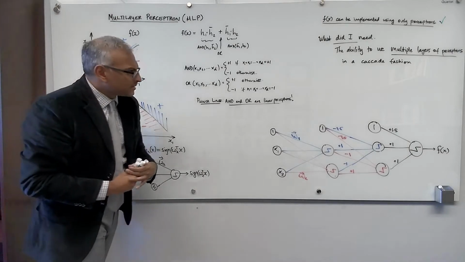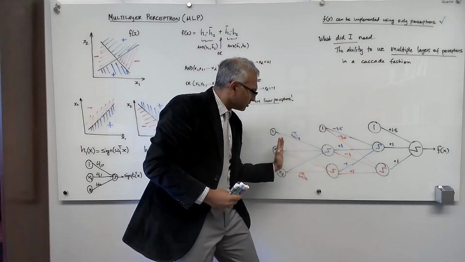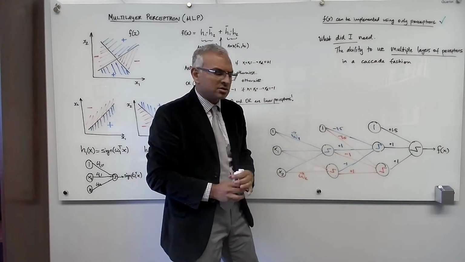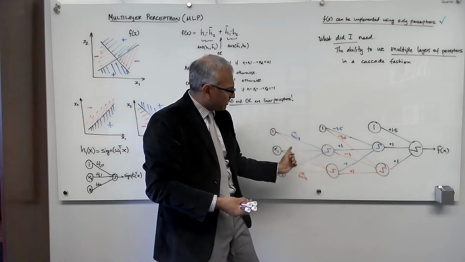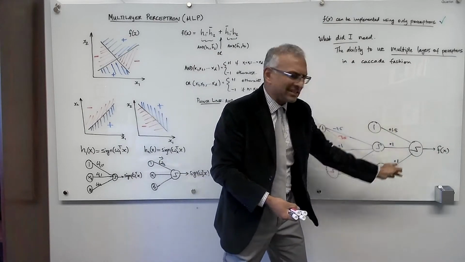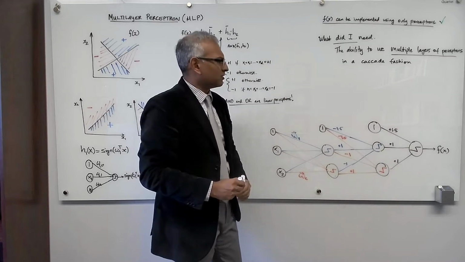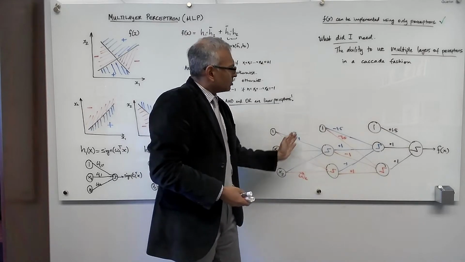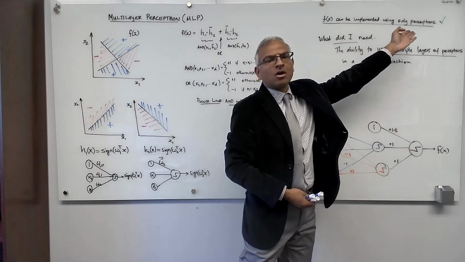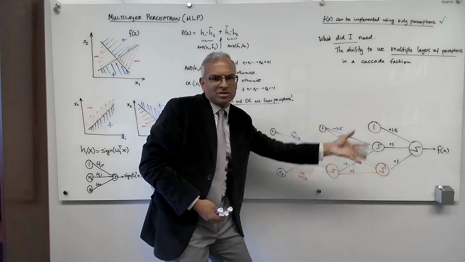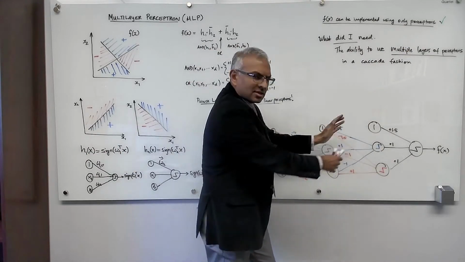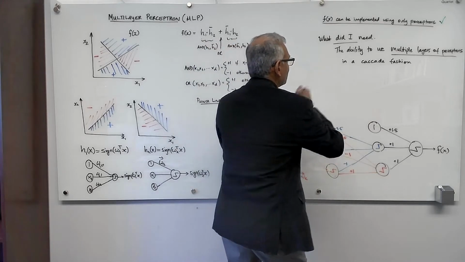So I needed the ability to cascade multiple layers of perceptrons, and also the ability to set the weights on these edges. That's what we mean by using combinations of perceptrons. Each perceptron can have, in theory, its own set of weights.